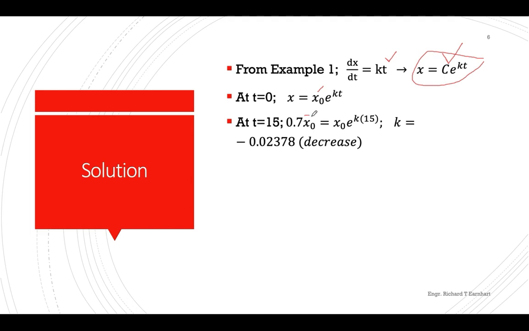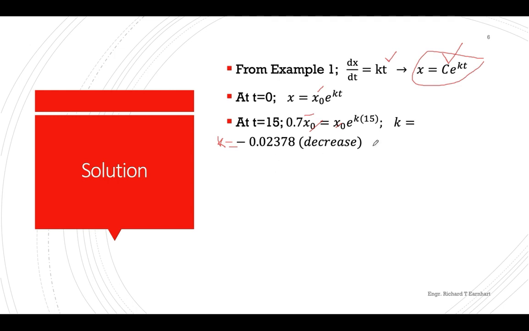So x is 0.7 x sub o, and then x sub o e to the k multiplied by t is 15. So this will cancel out. So this will give you ln of 0.7 divided by 15, or your k is negative 0.0237.